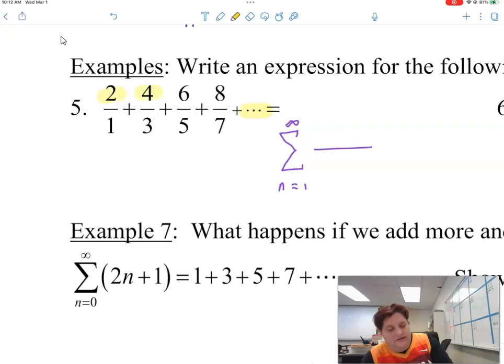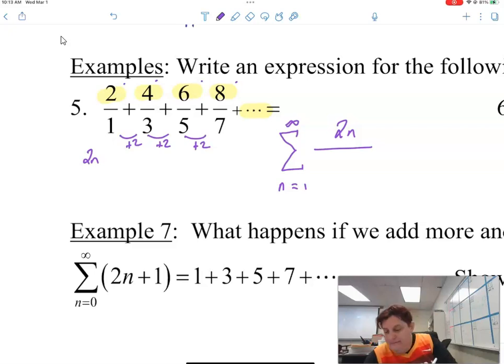On the top, do you guys see it's just even numbers? So if n is 1 went to 2, 2 went to 4, 3 went to 6, does it make sense that that's just 2 times n? First term, second term, third term, fourth term. Okay? On the bottom, these are odd numbers. Now, when you're writing even numbers, you do 2n. When you're writing odd numbers, a lot of times, odds are also apart by 2 because it's adding 2 every time. But it's not 2n.